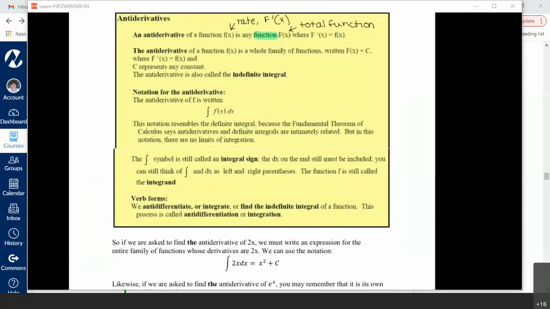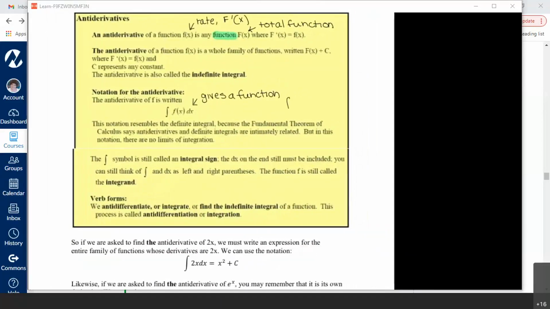It gives you a number, whereas this gives you a function. So indefinite integral gives a function, and if you had this, this gives a number.